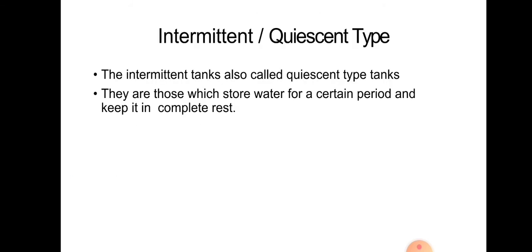So coming to the first type, that is the quiescent type or the intermittent type, which is also called a fill and draw type. So this is a type of sedimentation tank. In this tank, what we do is, firstly the water will be filled into the tank, and then it is allowed to rest for a certain time. I told you this time we call the detention time.